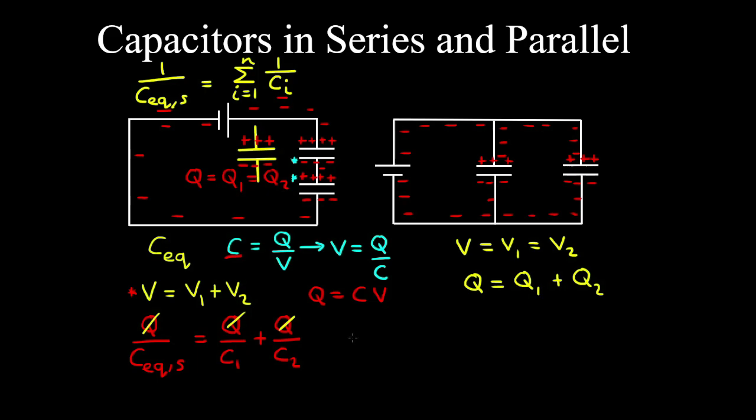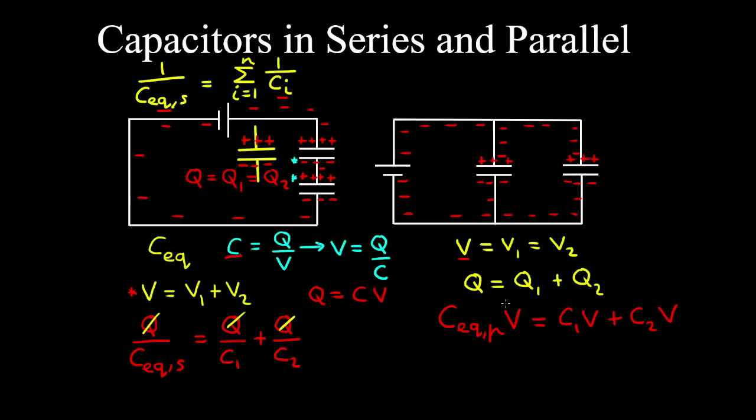So we have the equivalent capacitance of the group of capacitors in parallel multiplied by the voltage, which is constant across those capacitors, is equal to the capacitance of capacitor 1 times the voltage across it, plus the capacitance of capacitor 2 times the voltage across the capacitor.